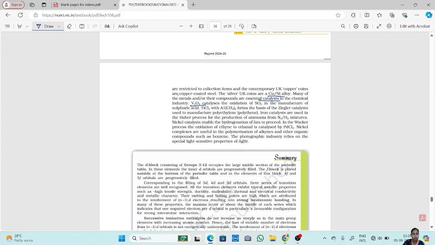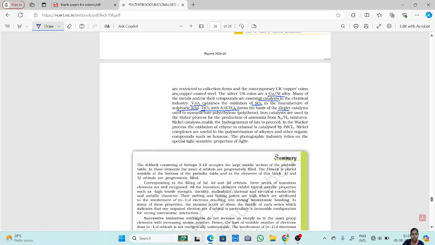So vanadium pentoxide can be used in the production of sulfuric acid as it can oxidize sulfur dioxide. Now titanium tetrachloride and Al(CH3)3 form the basis of the Ziegler catalyst. So this is a catalyst.